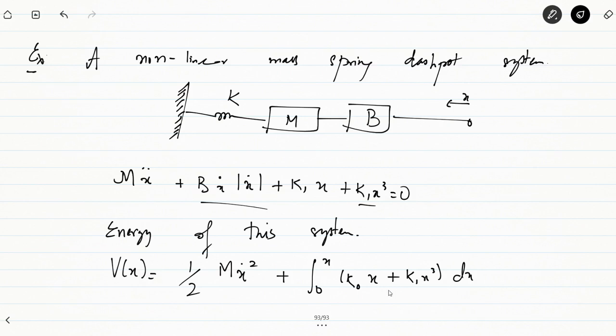Fine. This is the energy associated with the system. This is k naught x plus k1 x cube.